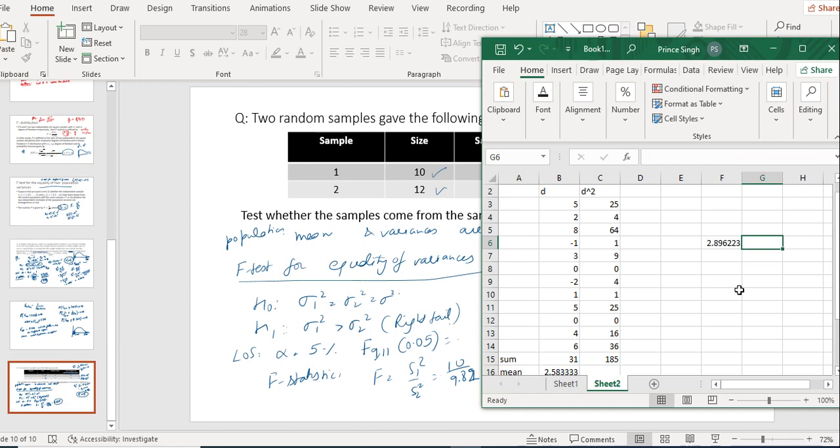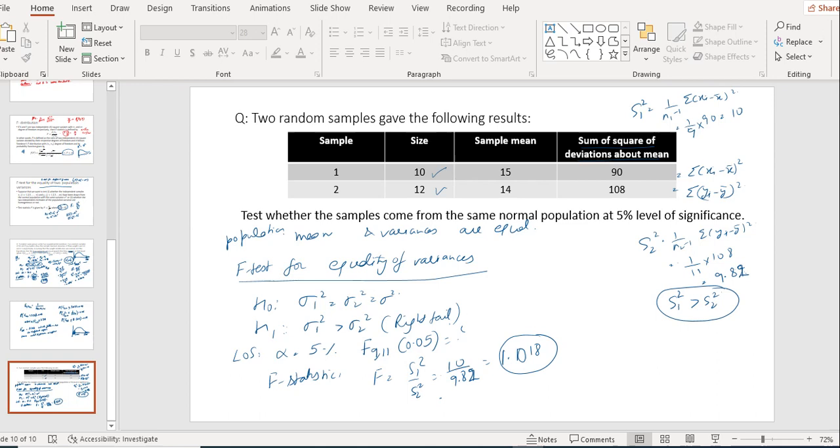So its value is 2.896. You are given the value in the form of P(F greater than 2.896) equal to 0.05.